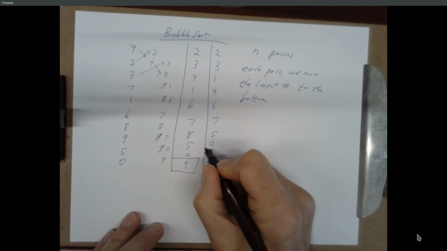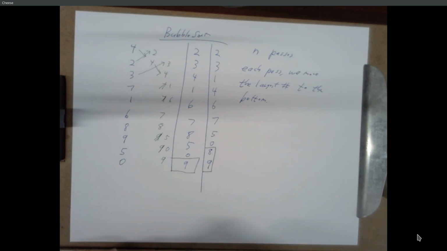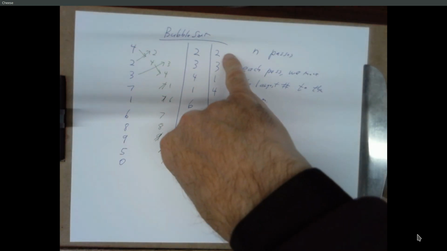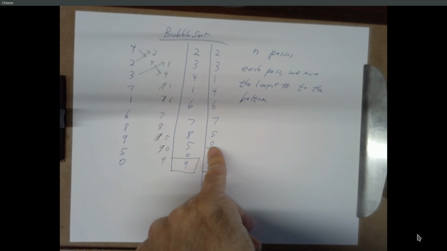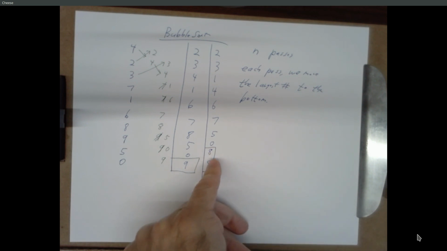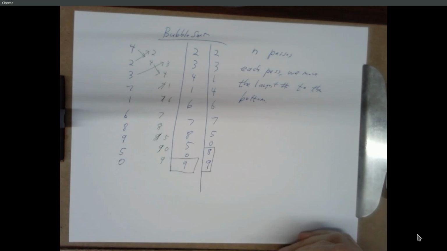And now we got two things in the right spot. Well, if we have n numbers and each time we make one of these passes, the next largest number goes into the bottom of the output, right? Theoretically, after n or maybe n-1 passes, everything in here should be sorted.